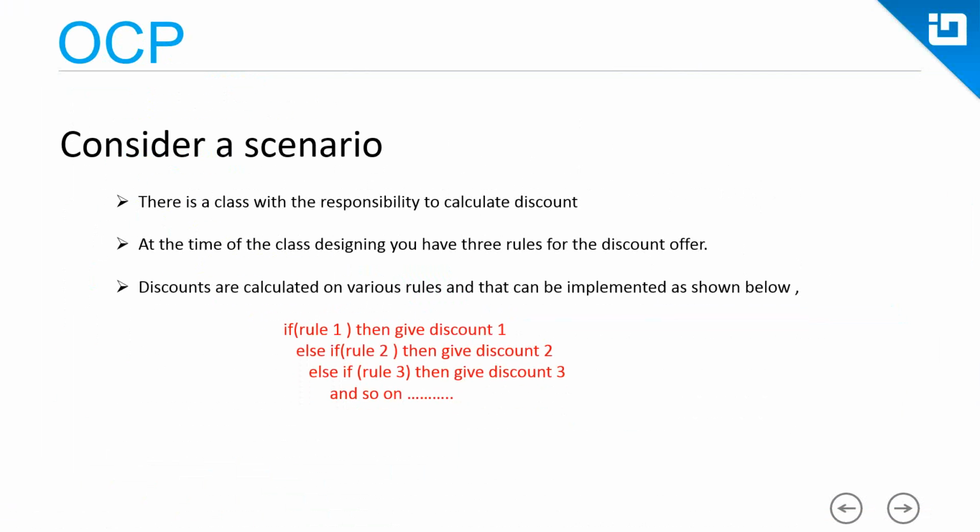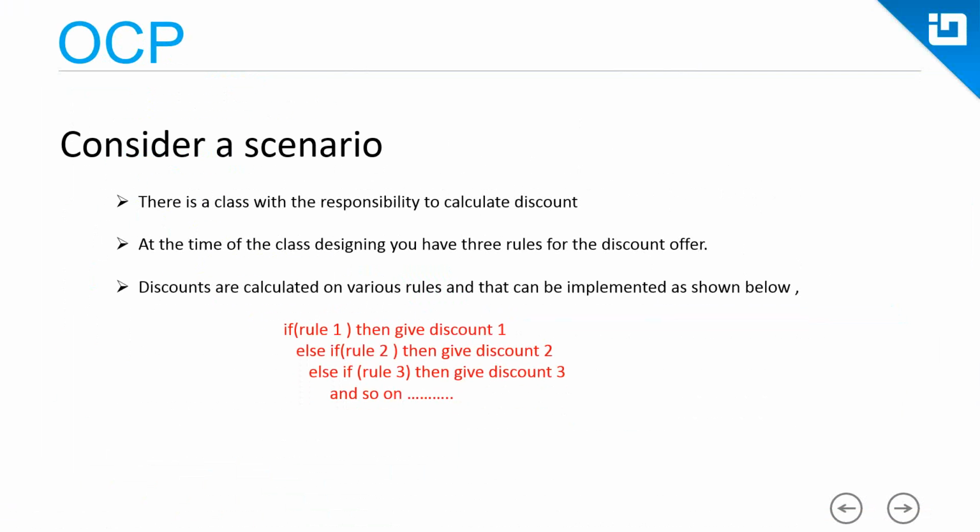So for example, if you are a shop owner, you are saying that if it is summer, give 10% discount. If it is winter, give 20% discount. If it is Christmas, give 30% discount. That is the kind of scenario you have, and you need to implement that. Now the challenge here is that at any time a new rule can be introduced in the system.